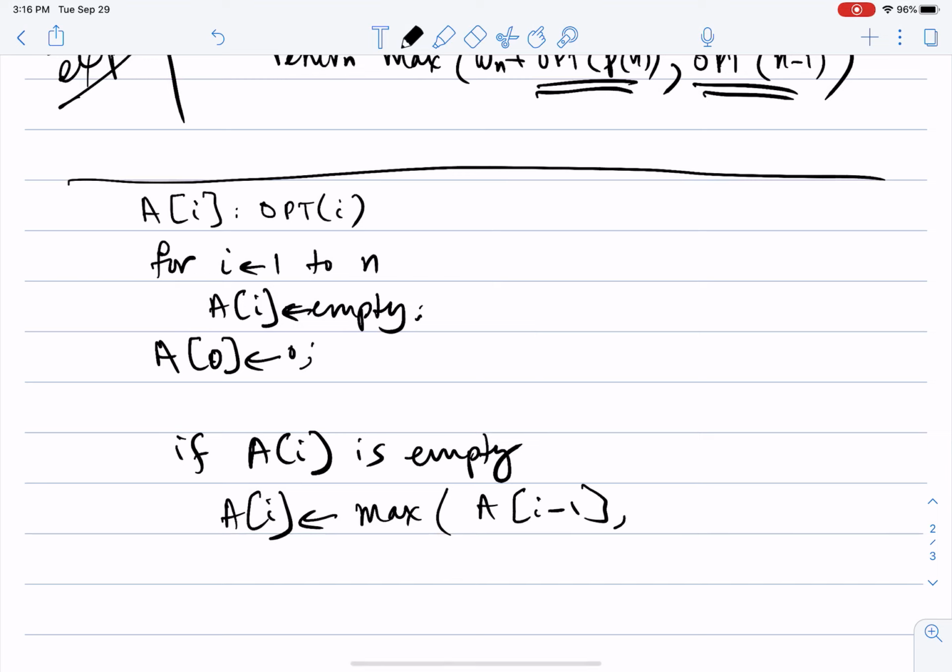This is the value that basically says I is not part of the solution. Or we have A of P of I plus W of I.